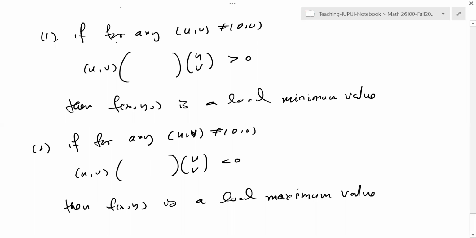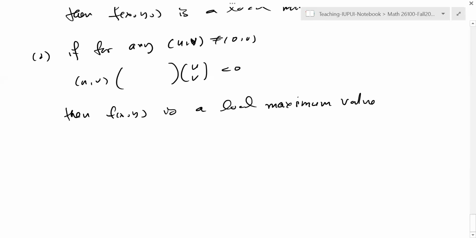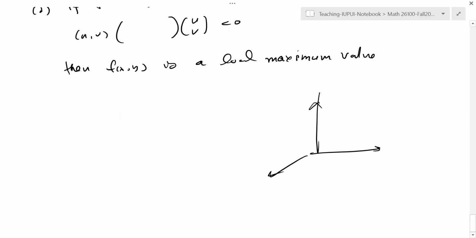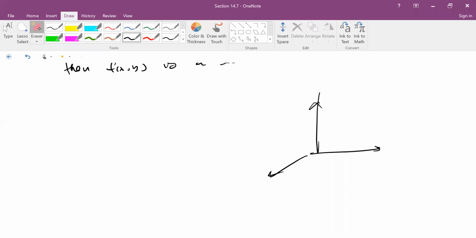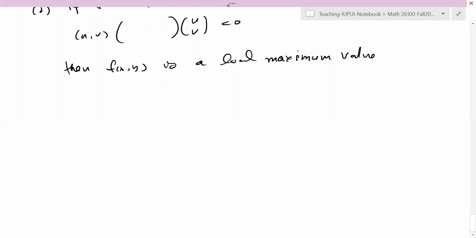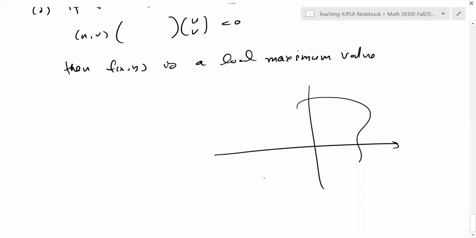Okay, and why is this true? Let me draw the picture again to explain to you. Now I just need to draw a 2D picture. So here's the domain D, and this is a point (x naught, y naught), right?